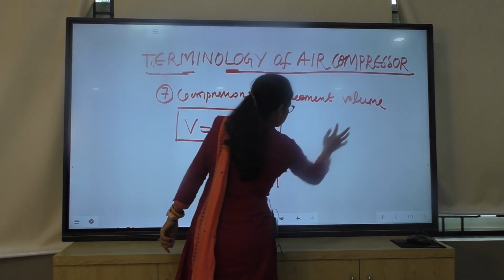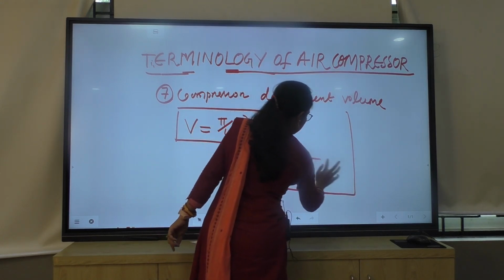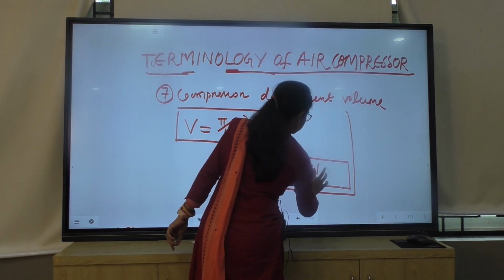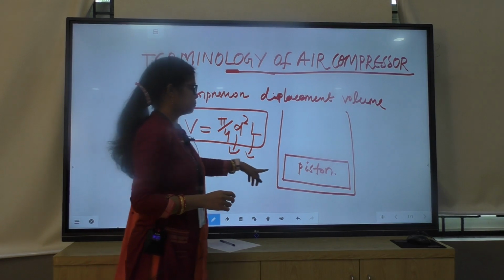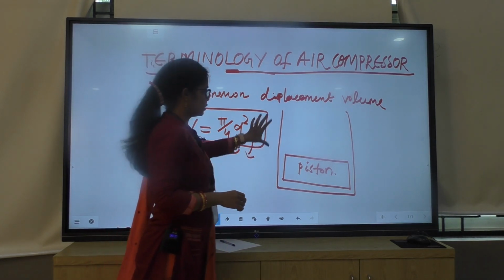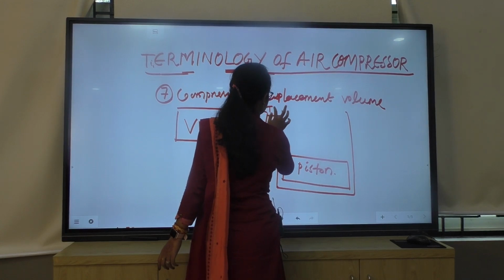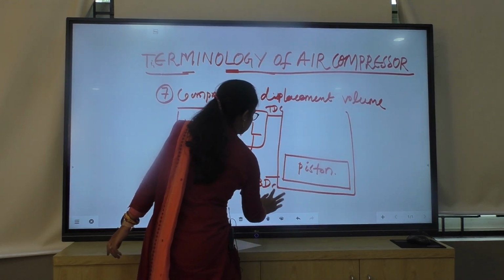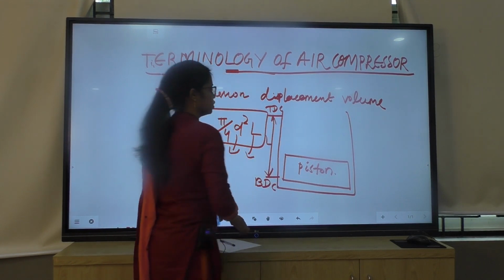I am drawing one diagram. This is the cylinder, and inside the cylinder the piston is there, and the cylinder is having some stroke length, that is TDC, and bottom dead center BDC, and this distance is called as stroke length.